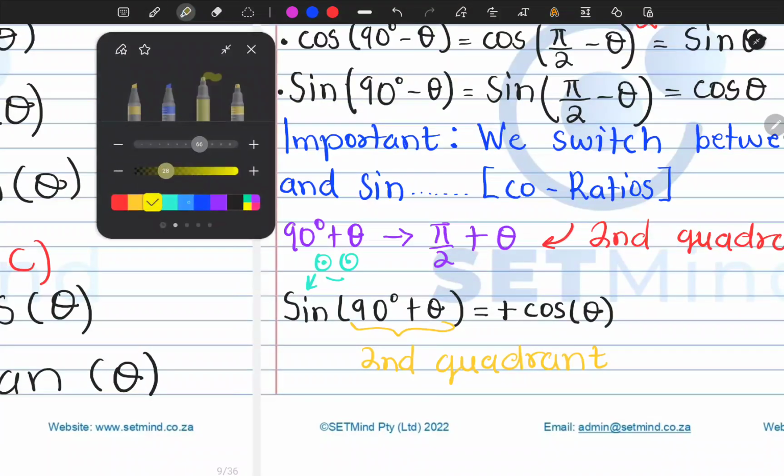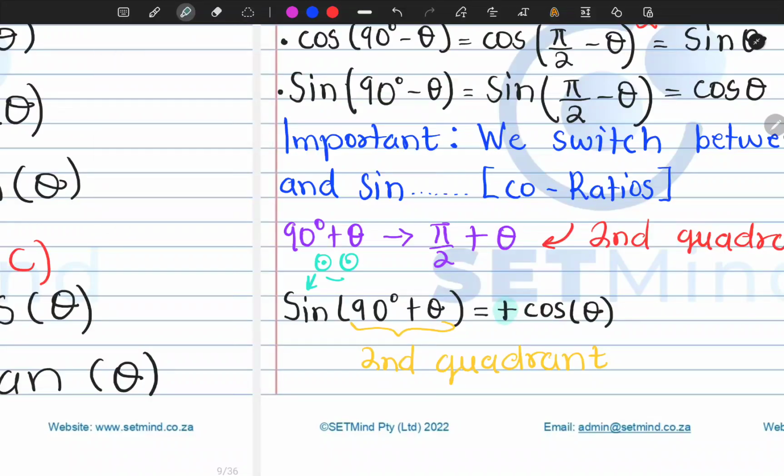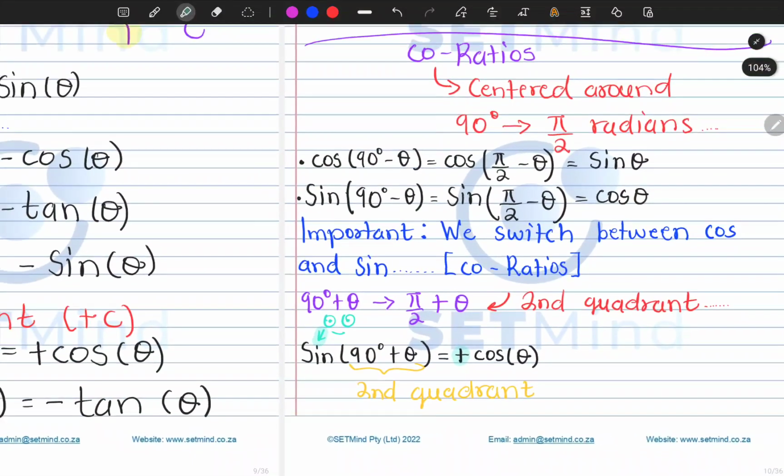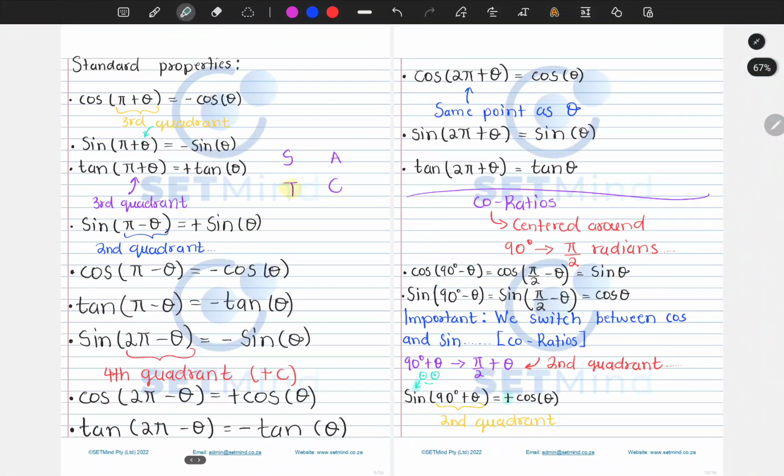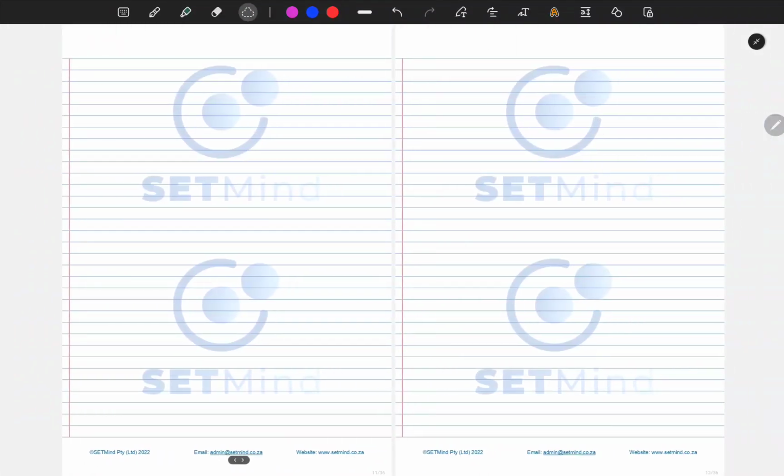But very importantly, this sign here was determined by the trig ratio we saw there. Sine in the second quadrant, is it positive or negative? It's positive. We put the positive, and you switch to a cos. Okay, let's make some space and go to the next page.